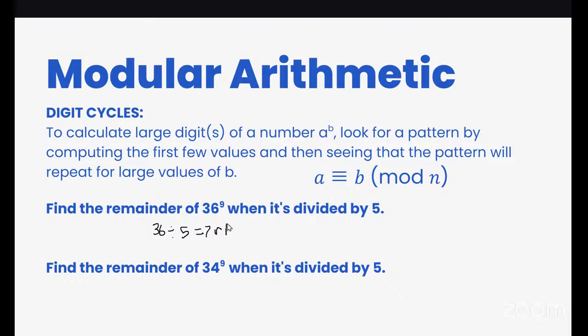So if we write this with mod, 36 is congruent to 1 mod 5.